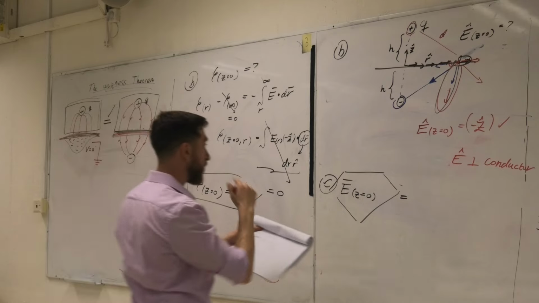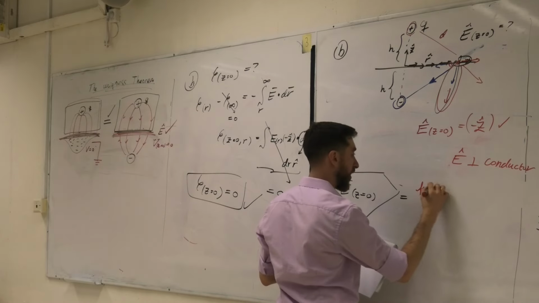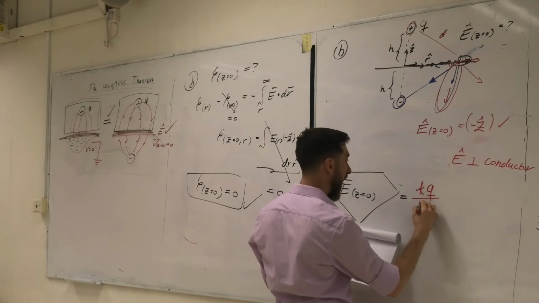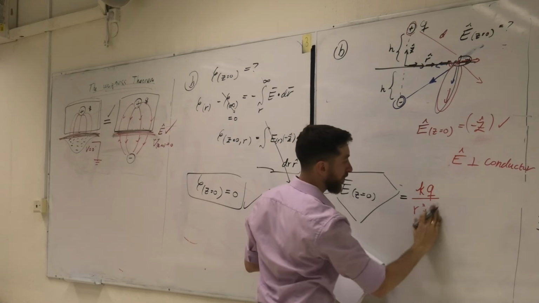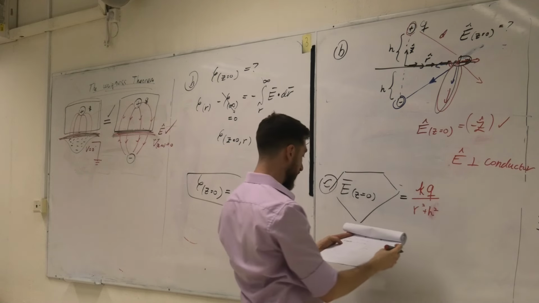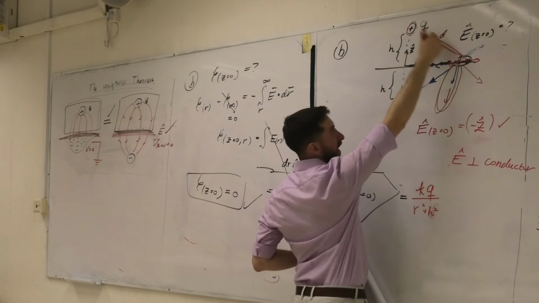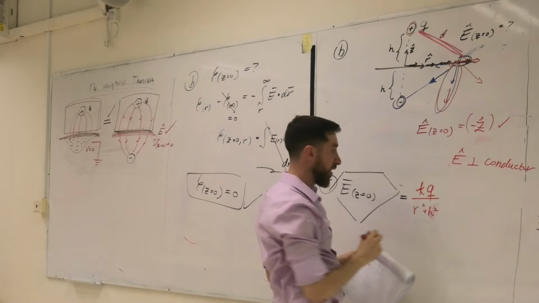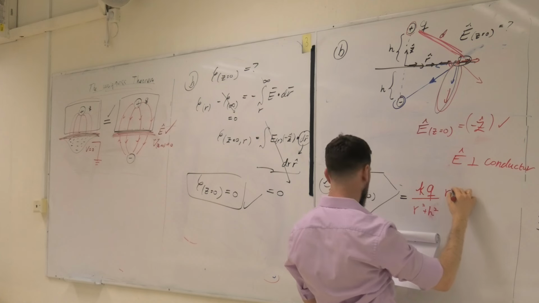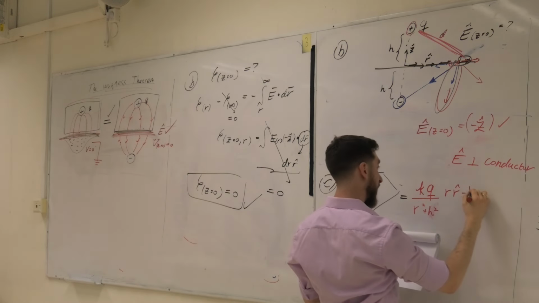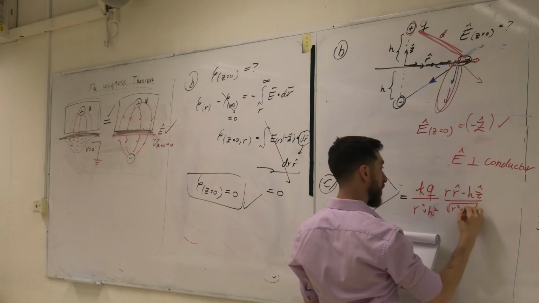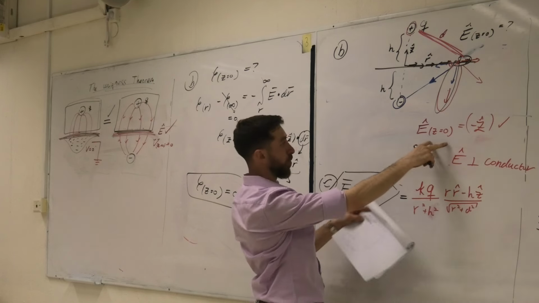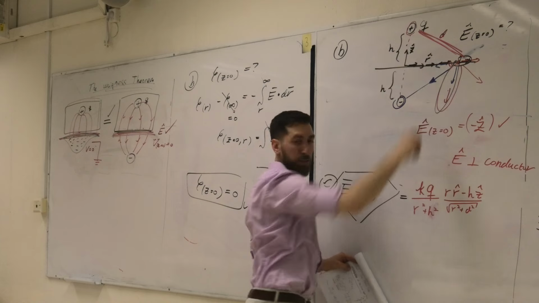The red is the positive: it's kQ divided by r squared plus h squared. This is the distance, just Pythagoras to find this distance. And the direction is r minus hz divided by the magnitude, the square root of r squared plus h squared. So this is the contribution of the red one, the positive.